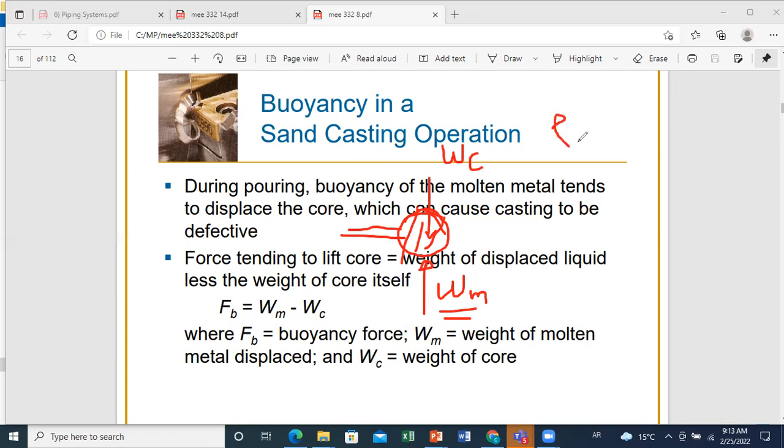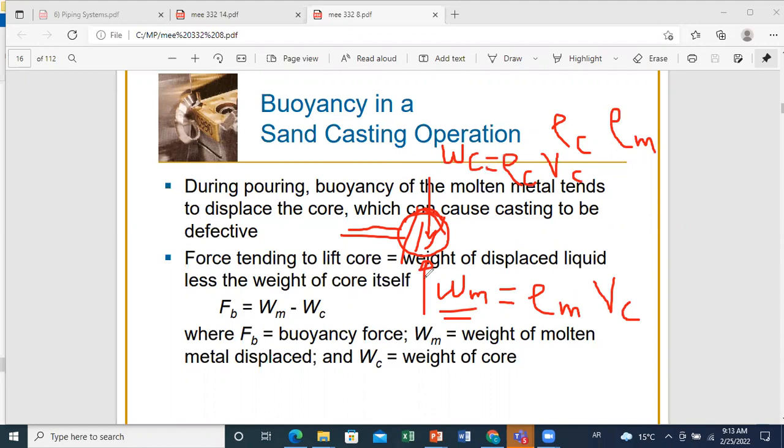The core is characterized by a certain density, and your metal is characterized by a certain density. The upward force will be equal to the density of the metal used in pouring times the volume of the core. However, the weight of the core is rho of the core, the density of the material constituting the core, times the volume of the core. Now it depends which density is larger. This will create a certain net force, up or down.